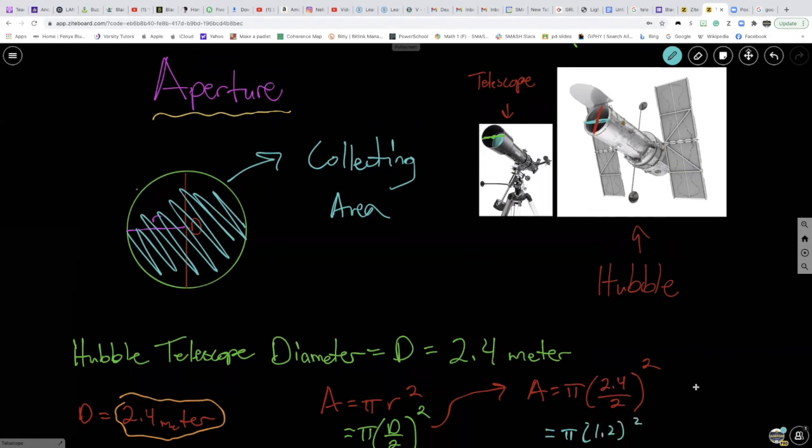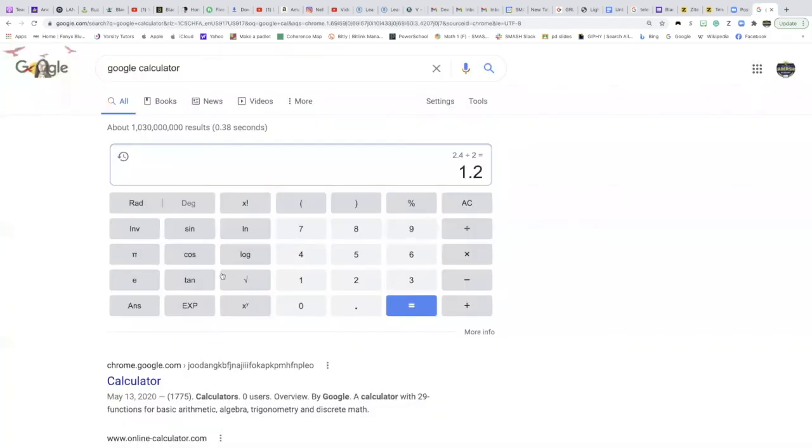So we have a calculation of 1.2 squared. When we finish to get our answer, the area equals pi times 1.2 squared. Let's do that math. We square it, and that's 1.44 times pi.